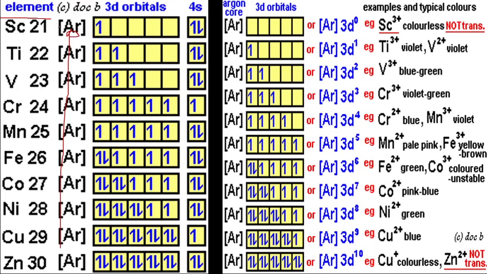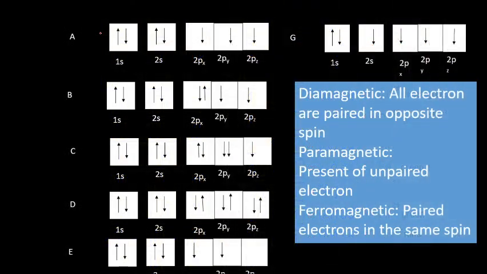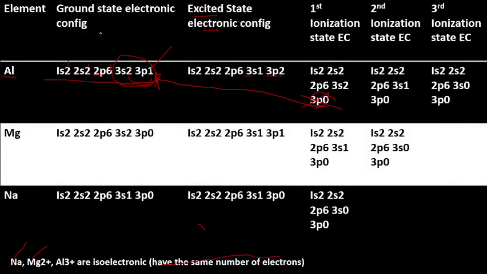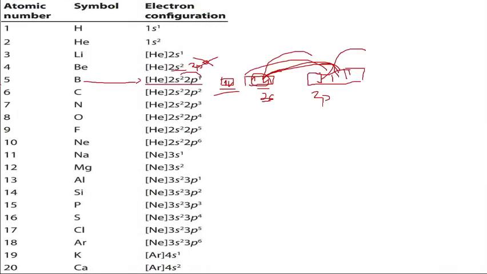Let us look at it. Every element in the first transition series will have the electronic configuration of argon, followed by what? And you know the electronic configuration of argon, where does it stop? If you could remember, let's go back so that you will see what I'm talking about. This is our argon.